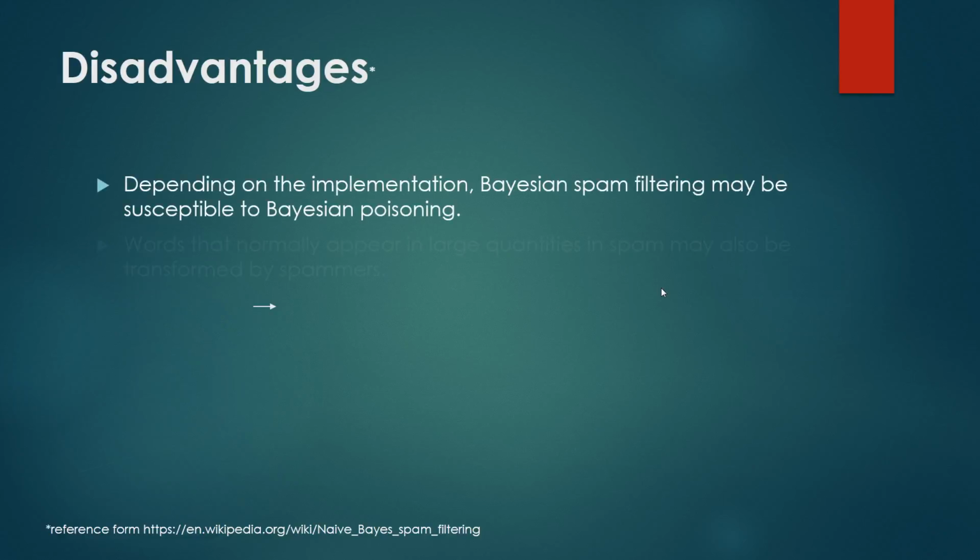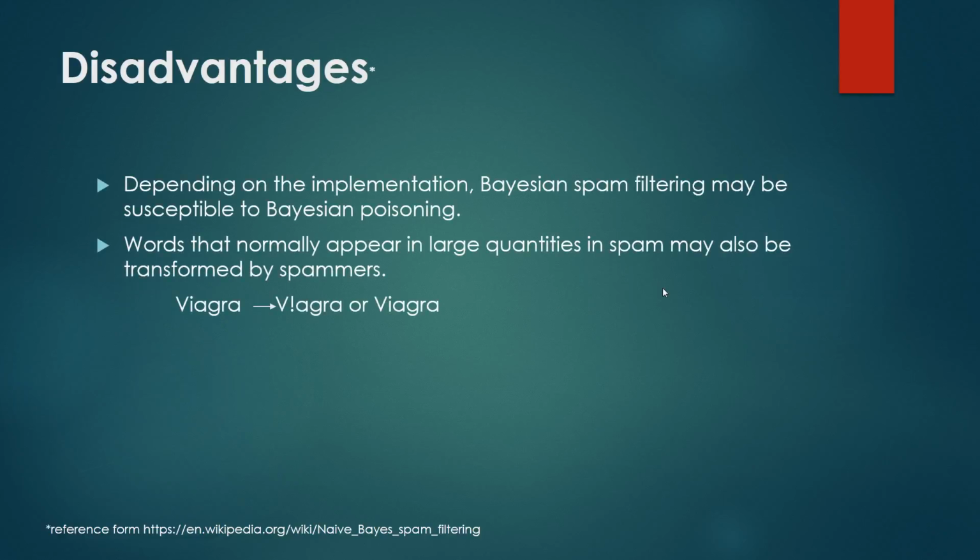Here are the disadvantages. Depending on the implementation, the Bayes spam filter may be susceptible to Bayes poisoning, a technique used by spammers in an attempt to degrade the effectiveness of spam filters that rely on Bayesian filtering.